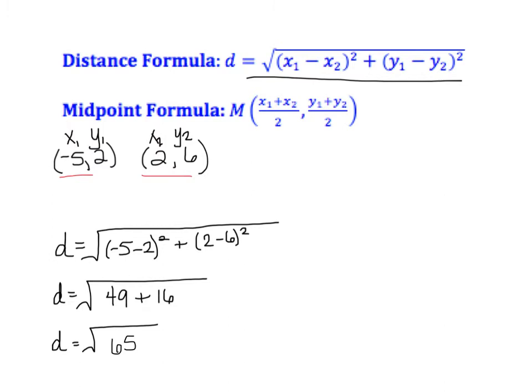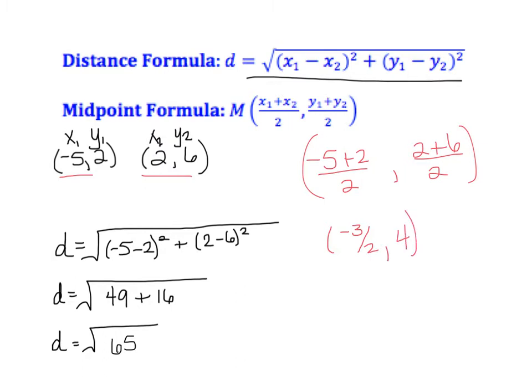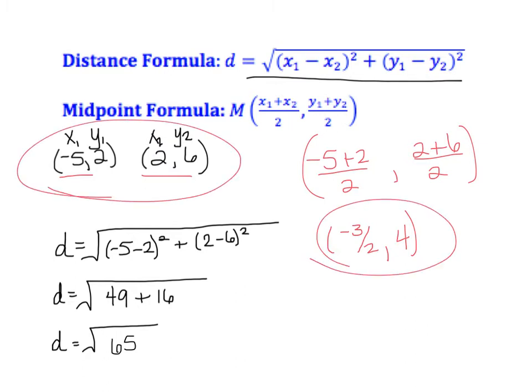So here we have (-5 plus 2) over 2, and we have (2 plus 6) over 2. And those are going to be my coordinates. So -5 plus 2, that's -3/2. And 8 over 2 is 4. So the coordinates of the point exactly in between these 2 points is here.